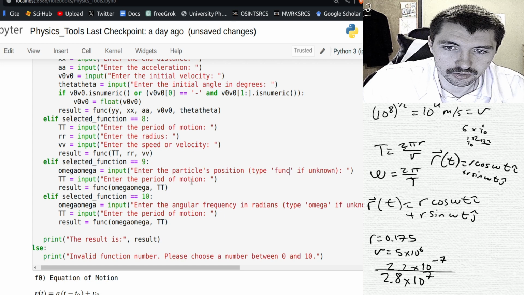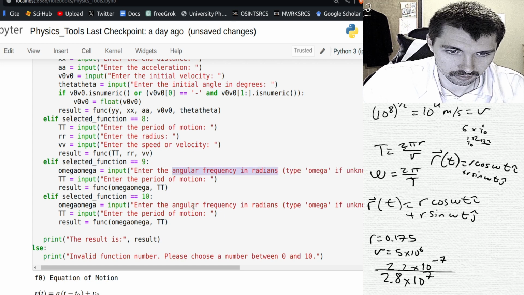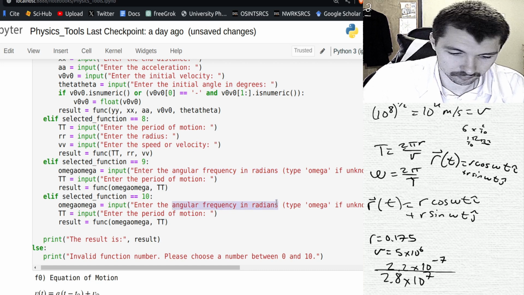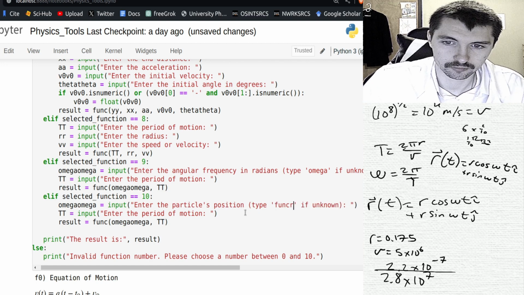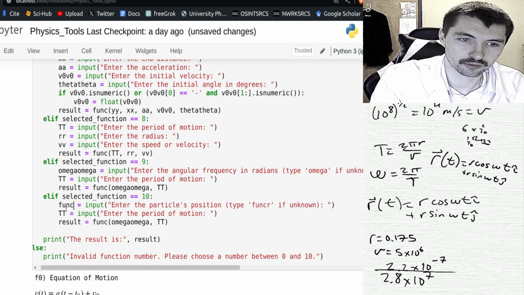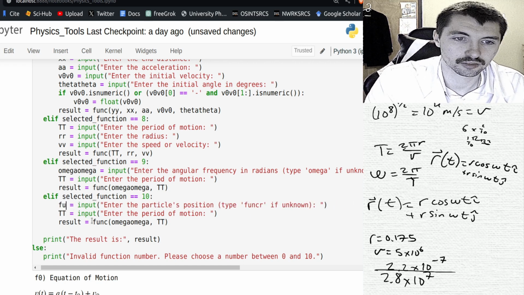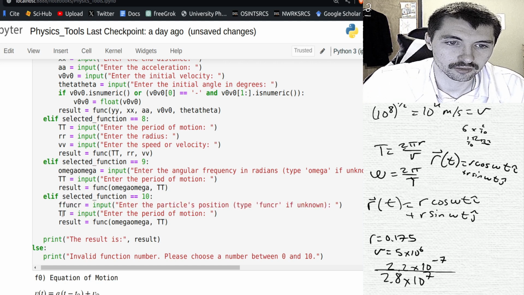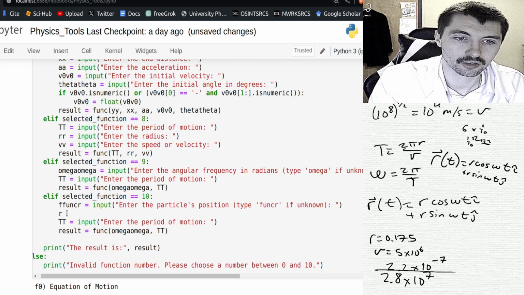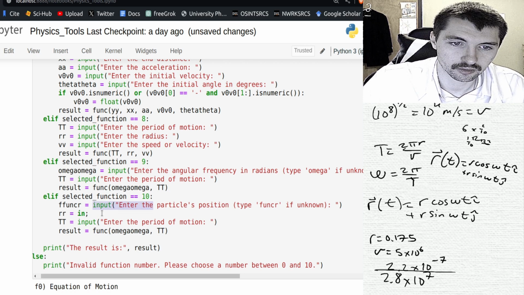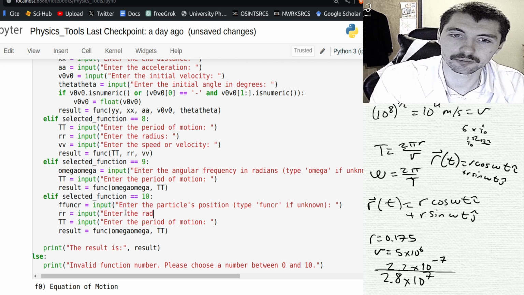Oh, I messed up. Okay, so this should be function r. Okay, function r, r is input. Enter the radius.